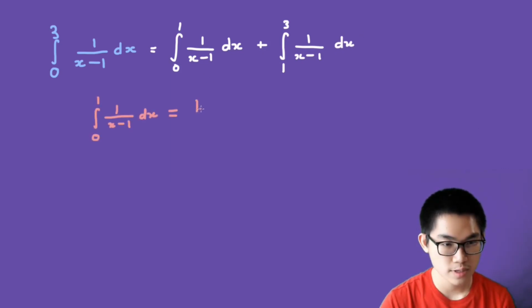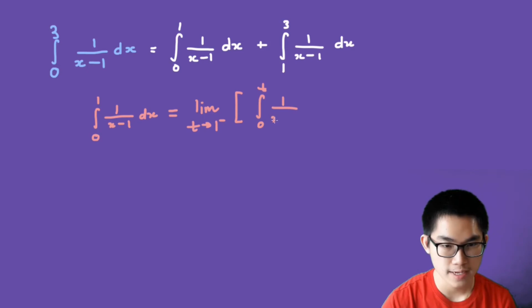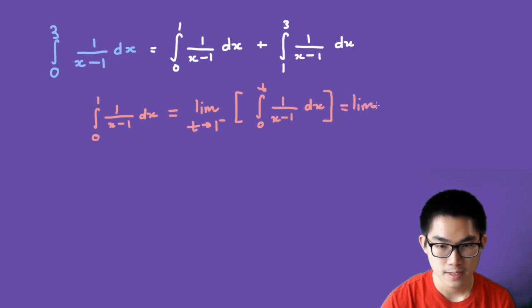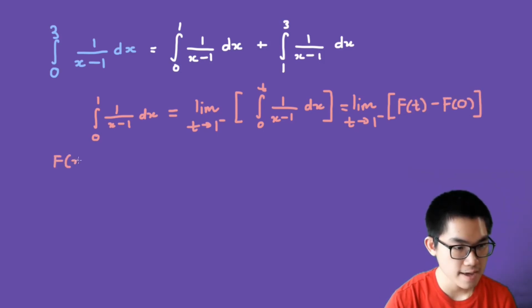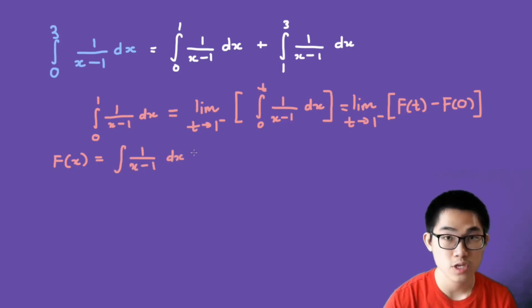This is equal to the limit as t approaches 1 from the left side, so we get a minus right there, of the integral from 0 to t of 1 over x minus 1 dx, which is equal to the limit as t approaches 1 from the left side of f of t minus f of 0. f of x will be the integral of 1 over x minus 1 dx, and we're going to use u substitution here.